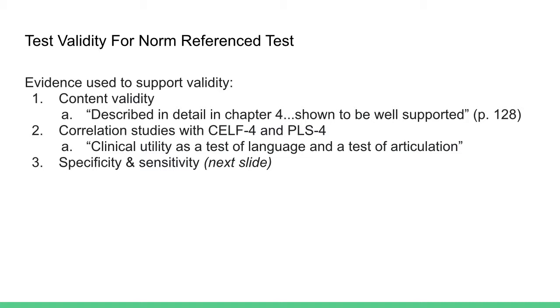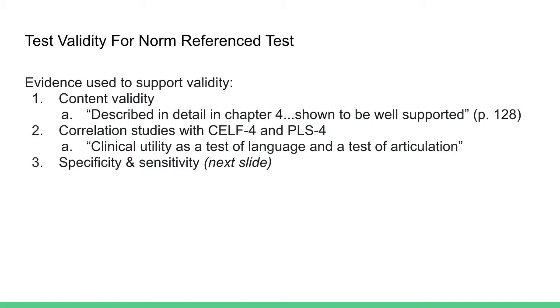Validity for the norm-referenced assessment was primarily determined using 3 pieces of evidence. First, the content in the test was created to be culturally fair for all English-speaking children, particularly those who speak African American English. Additionally, background research was conducted to ensure that the content of this test accurately assessed the language being targeted.